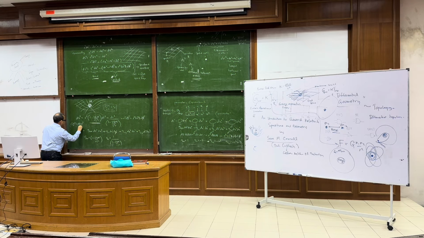This one is x0. That's why G00 has no c squared; the c is absorbed inside here.